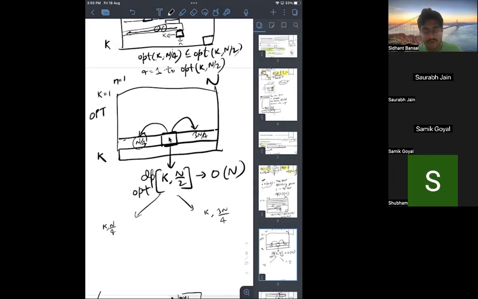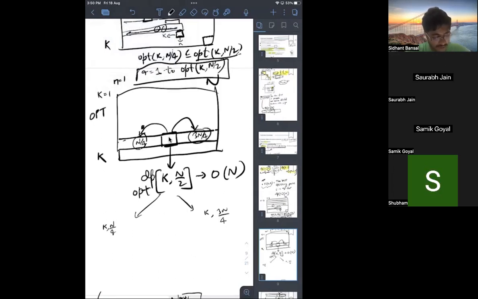So you won't find a better candidate beyond the opt of k n by 2. The opt of k n by 2 is not required to be in the middle. It could be somewhere to the very left on the previous array. But you know that for k comma n by 4, you only have to loop from 1 to opt k n by 2.